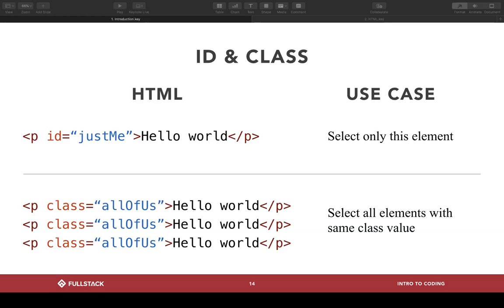And then later on, when I want those paragraph elements, I can just say, okay, find all the elements with all of us, and then it'll give me back all of these. So you have ID, which selects a single element, and then you have class, which selects a specific group of elements.